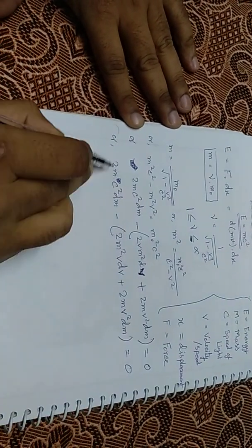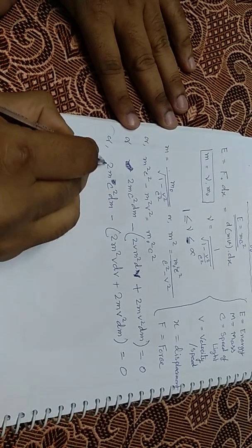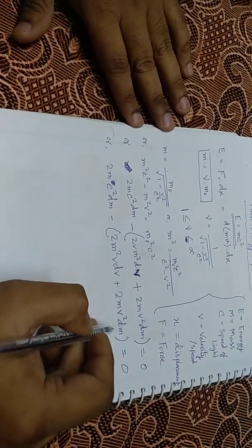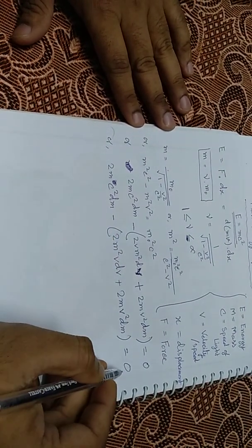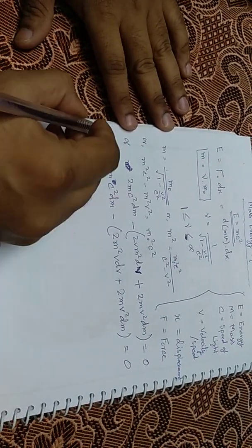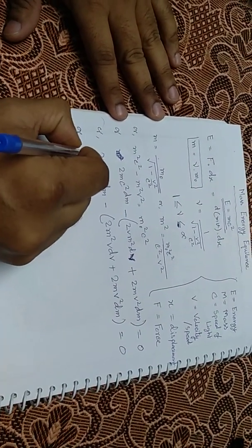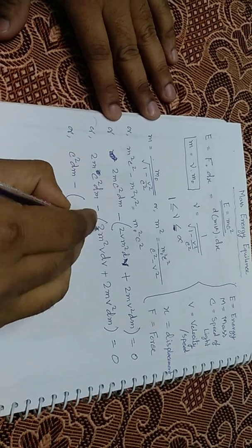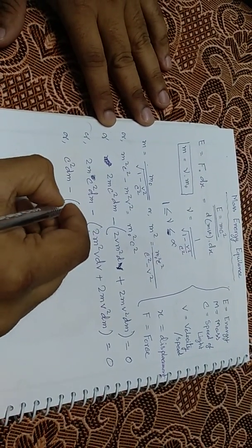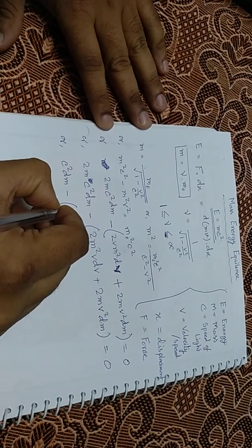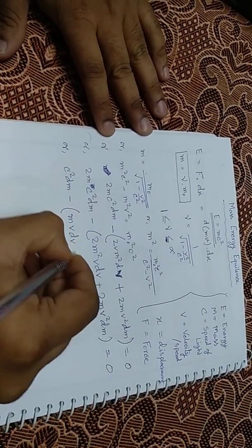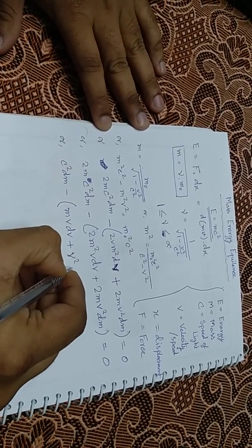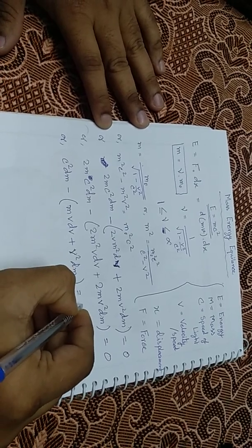Now if I divide both the terms by 2m, because 2m is common to all terms, the right hand side will remain 0 and the left hand side will be c square dm minus m v dv plus v square dm, that is also equal to 0.